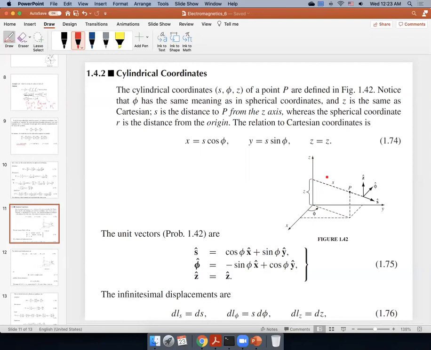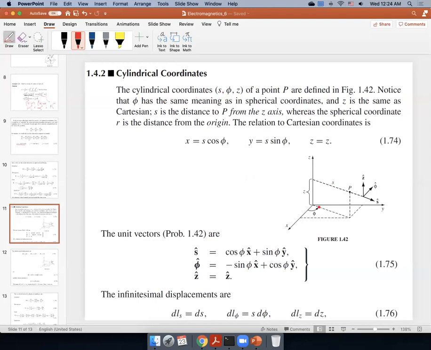So by defining s, phi, and z, you can always get any position in three-dimensional space. Of course, this position can also be described by xyz coordinates, but sometimes it's easier or more convenient to describe it by cylindrical coordinates s, phi, z.